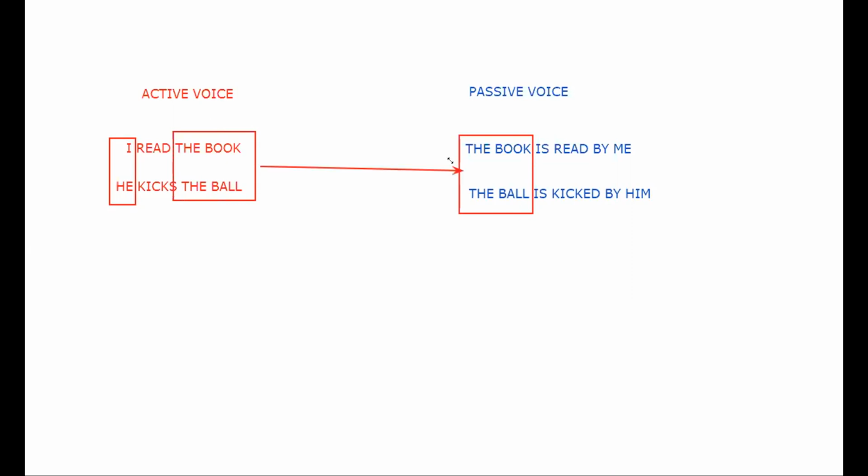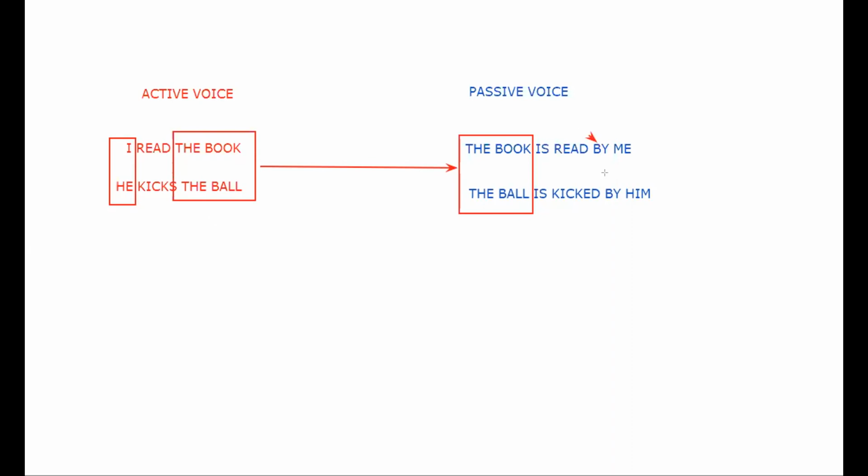de la voz pasiva. So, the book is read by me or the ball is kicked by him, ¿no es cierto? Es más importante el objeto o el complemento en la voz pasiva que en realidad saber quién realizó la acción. Si tenemos esa información, podemos añadirla utilizando la partícula by, ¿sí?